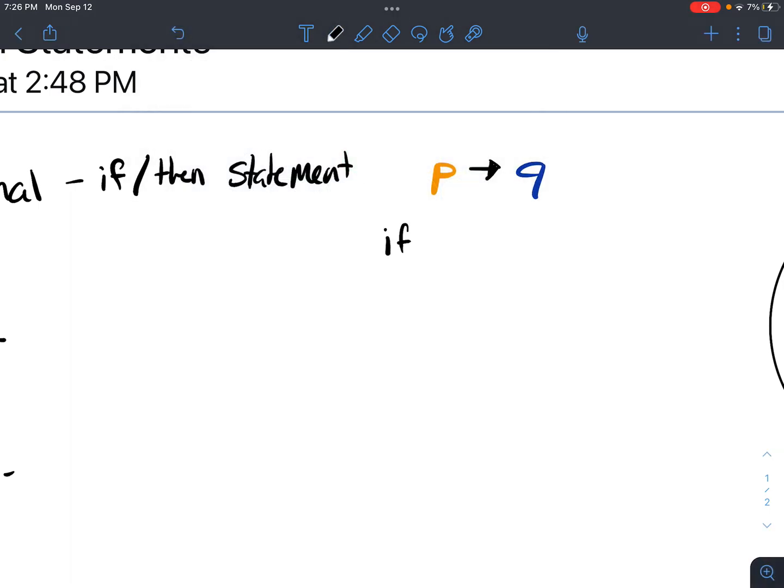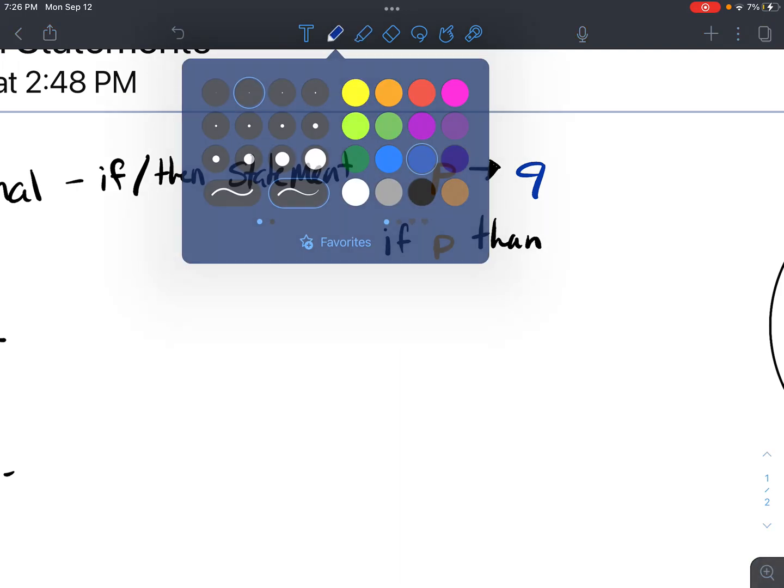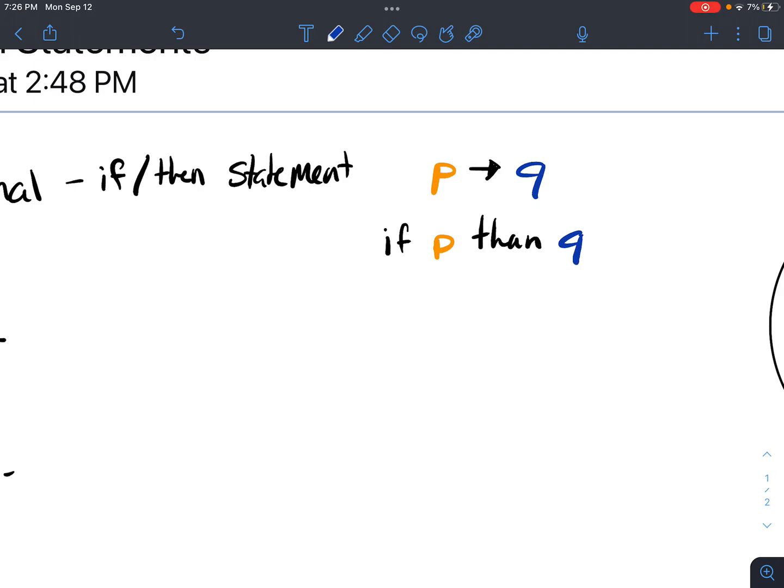We read this as if P then Q. So if P then Q. Or we could read it as P implies Q, but that's something that I don't typically use a lot, and I don't think I will. So we're just going to stick with the if P then Q.